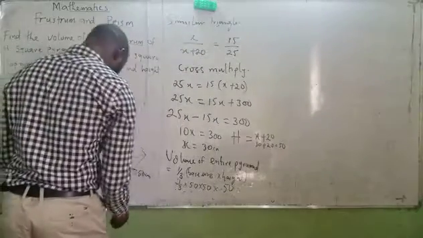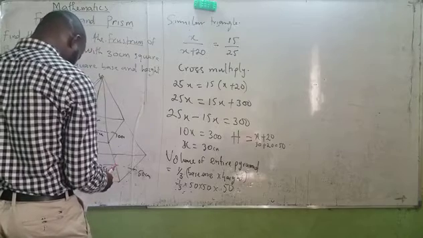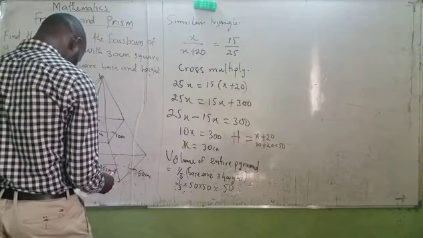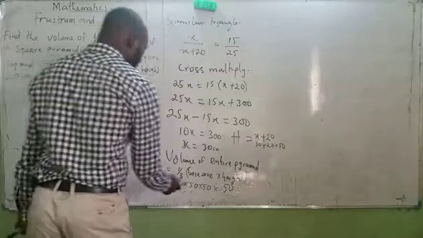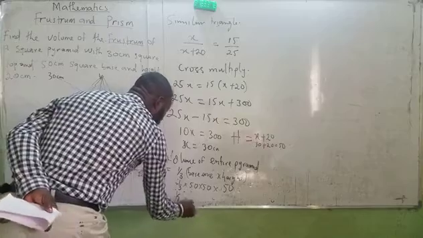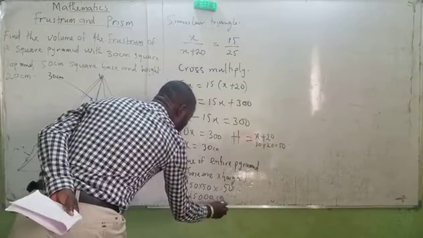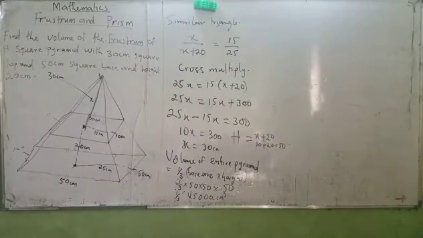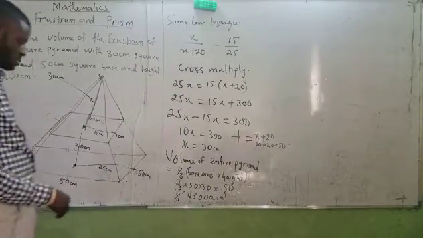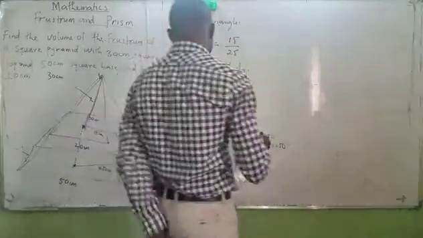Now, 5 times 5 times 5 is 125, so 1/3 of 125,000 centimeter cube. That is the volume of the whole pyramid.